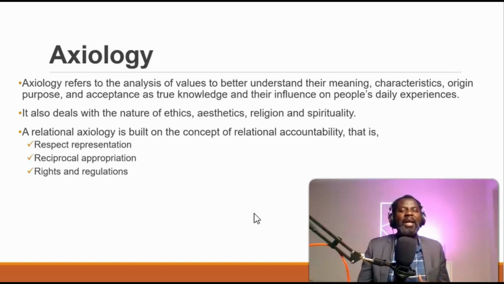So remember, I'll take you back to when we talked about the three forms of research in Africa. We said that in the outer layer, research conducted by Western or Euro-Western researchers does not respect Africans. Their knowledge is not valued.